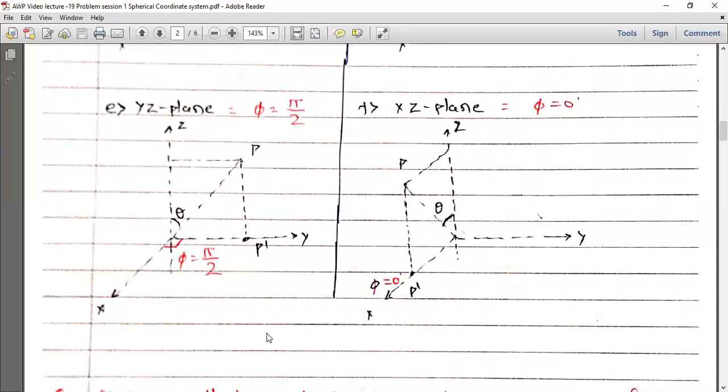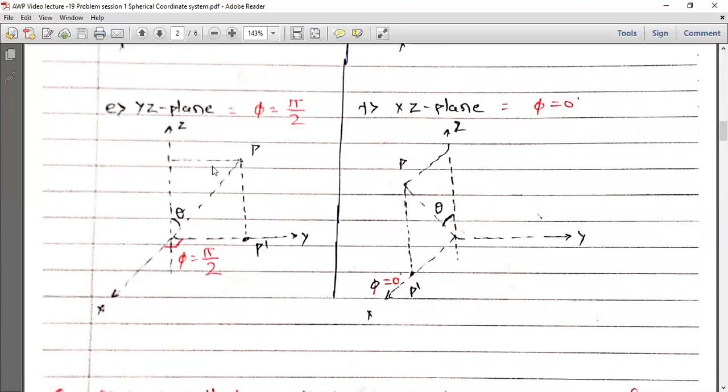Now to find the third coordinate, we have to draw the projection of point P on the xy plane. In this particular case, as you can see, the point P is in the yz plane itself. Here you have the y-axis, here you have the z-axis, here you have point P. Since the point is on the yz plane, when you try to find the projection of point P on the xy plane, you draw the projection from point P to P dash. At what position will P dash be?